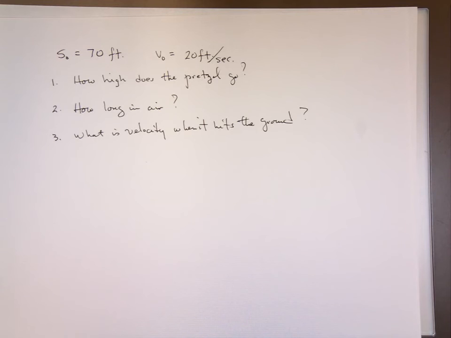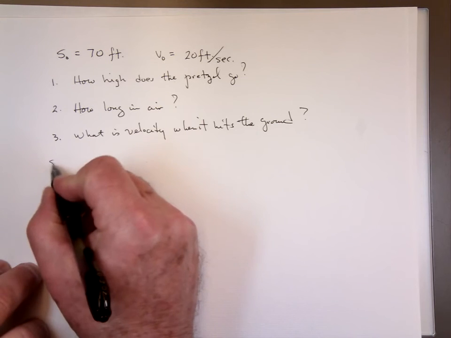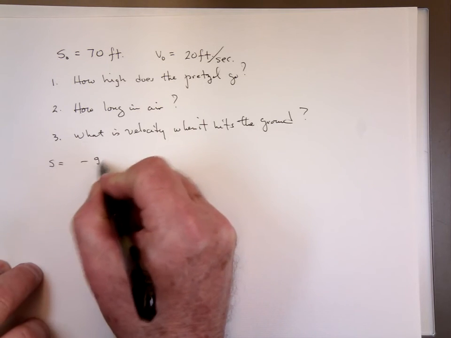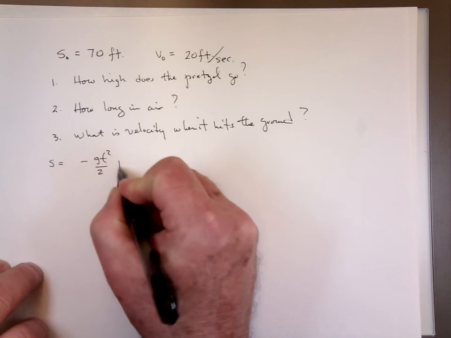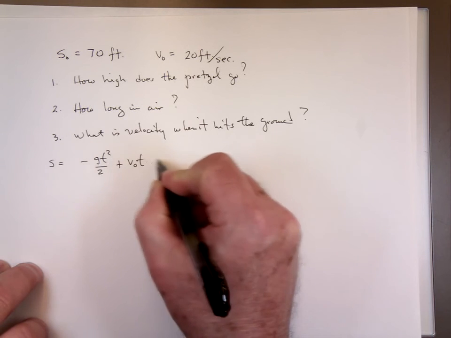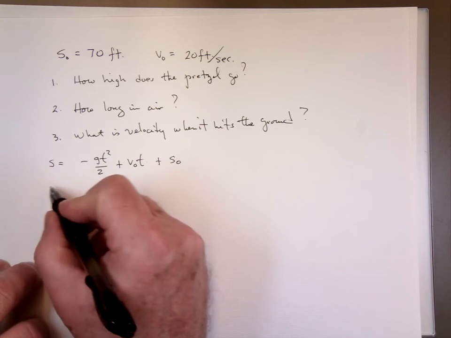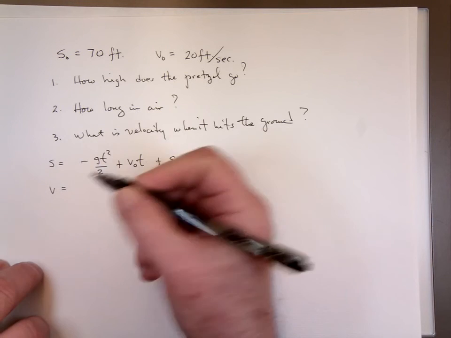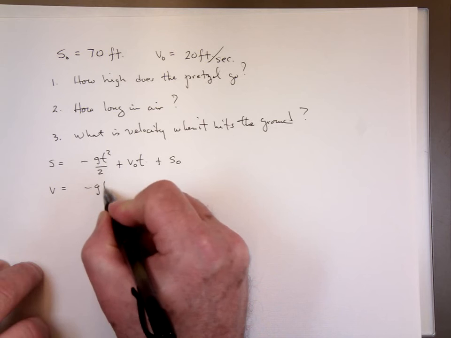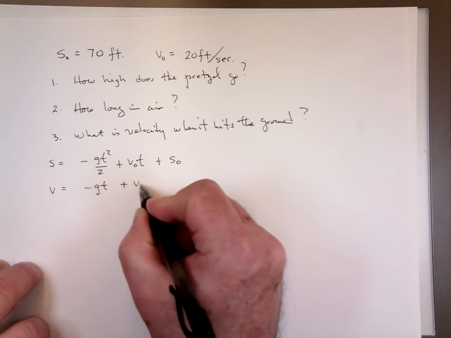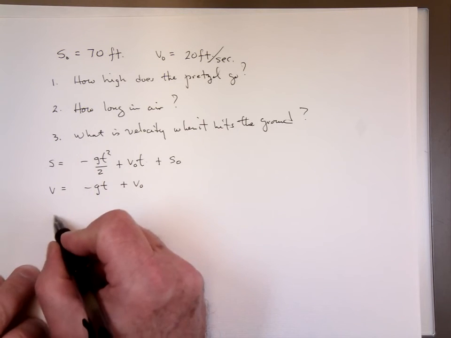Well, what do we have for formulas here? We have S equals, this is the formula we derive for S. We have our velocity formula, and we have acceleration. All right, let's do the first question.